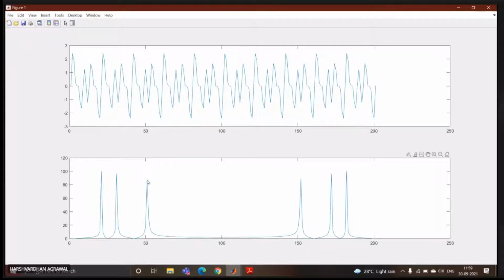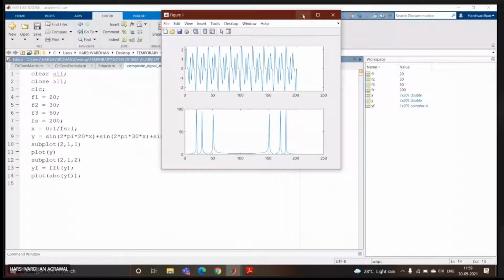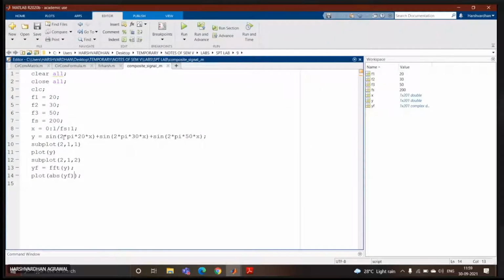Why are you plotting the mirror part? Either chop off that mirror part, or otherwise take it in the negative axis. It's always better to chop off the mirror part. You can't go beyond fs by 2 frequency in the discrete domain, isn't it? What is the folding frequency?